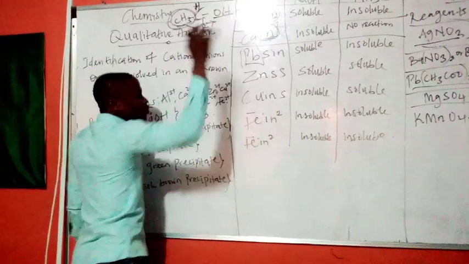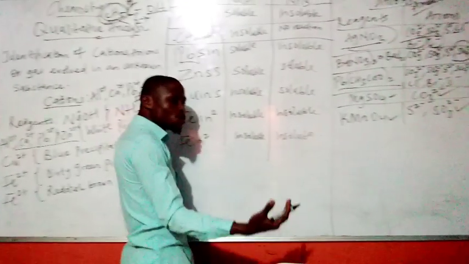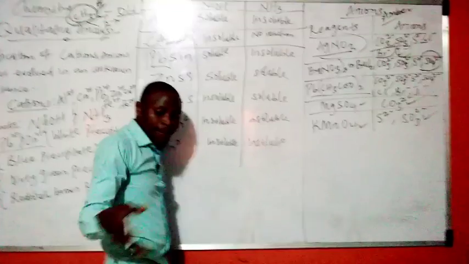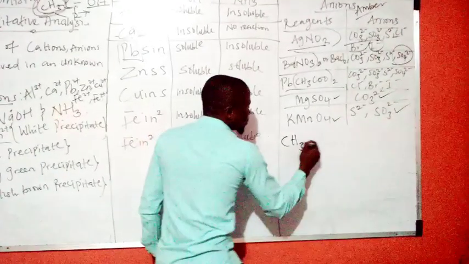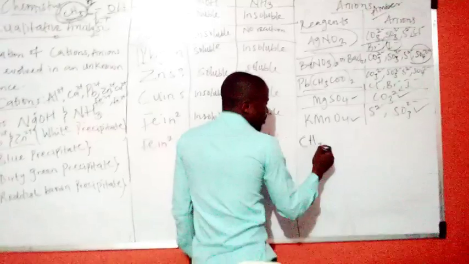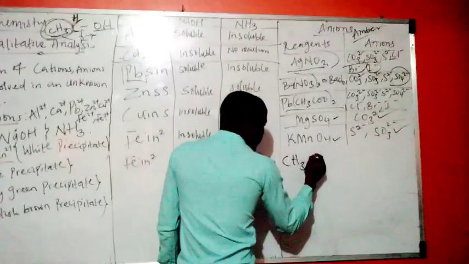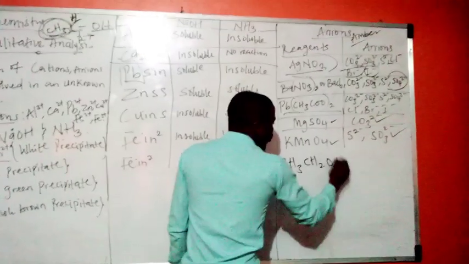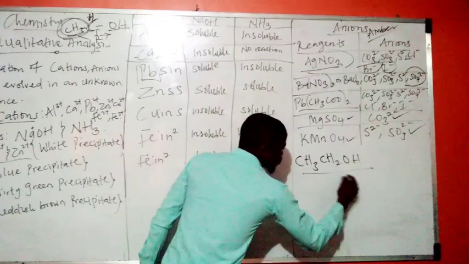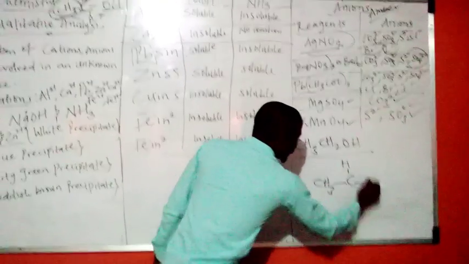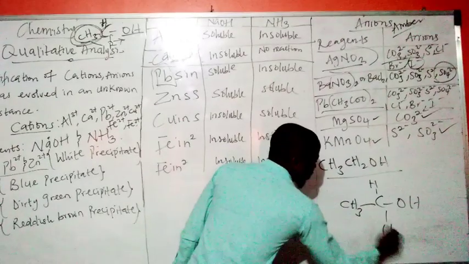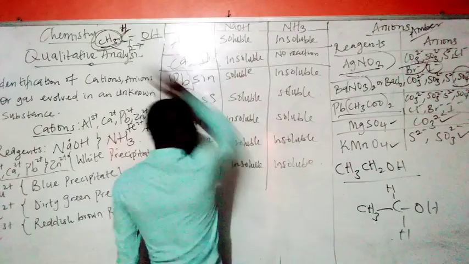Do we understand? What that means is that we can use what we call the iodoform test to detect the presence of ethanol. Ethanol is C2H5OH, so CH3CH2OH. If you look, this is the structure: H, CH3, and we have OH, then we have H. This R can be anything.